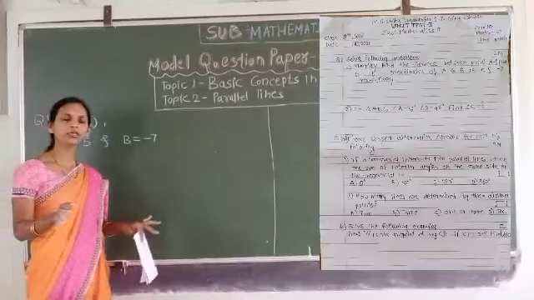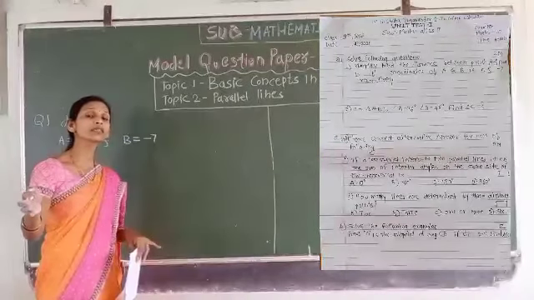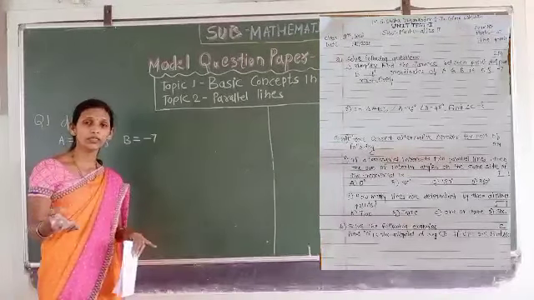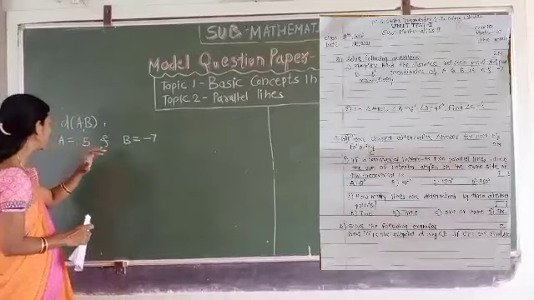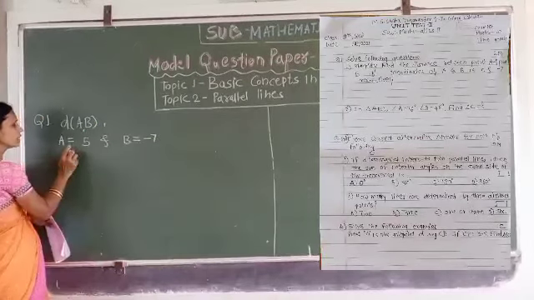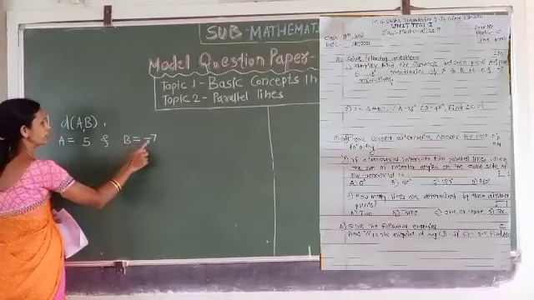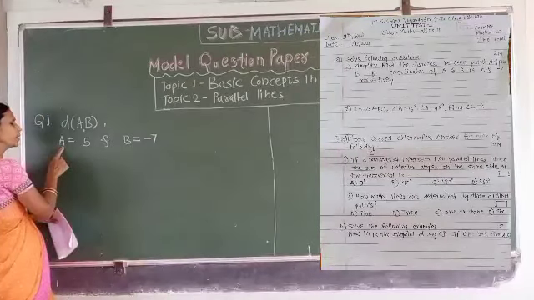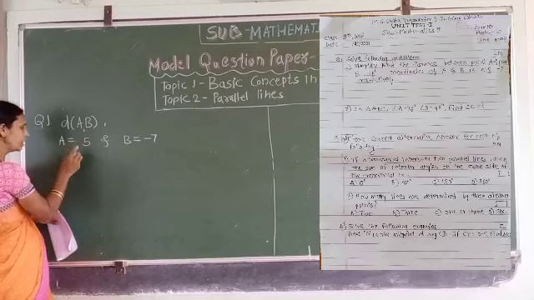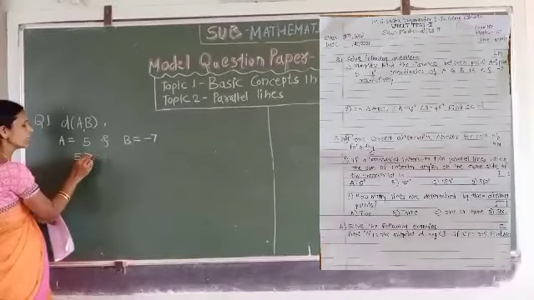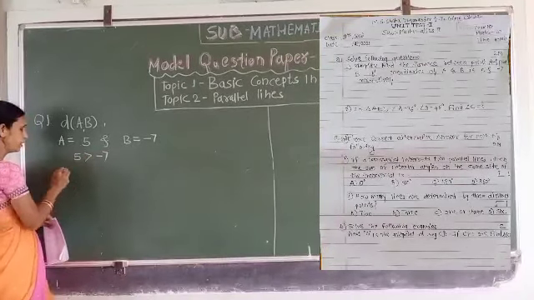All of you have studied how to find the distance between two points using their coordinates. The coordinate of B is -7 and the coordinate of A is 5. Here 5 is greater than -7.